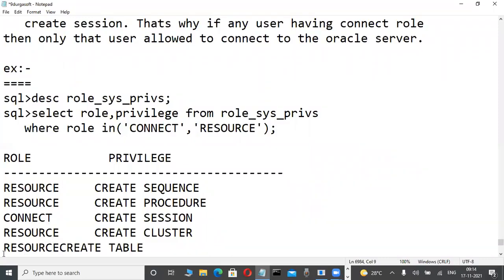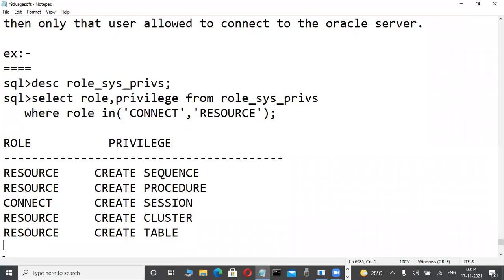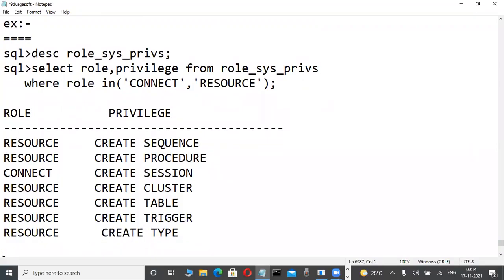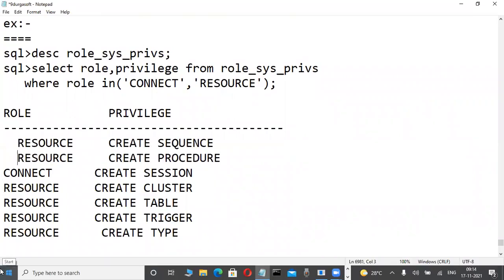Write it fast, this one. Write this output also. This also has create table, create procedure, like this, no?